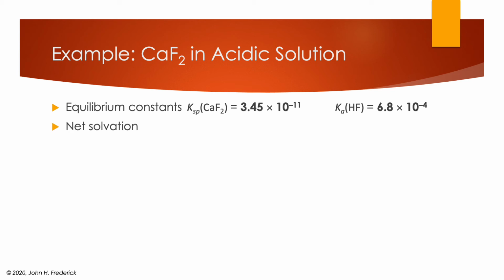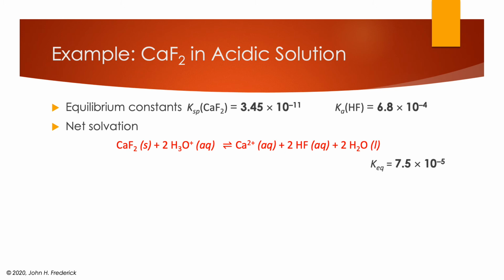So the net solvation, which combines both the dissolution of the calcium fluoride and the reaction of a strong acid with the products that it makes, will look something like this, where I'll have calcium fluoride reacting with two hydronium ions to make the calcium ion, that's the part that's dissolved from the calcium fluoride, 2 undissociated HFs in aqueous solution, and 2 water molecules.